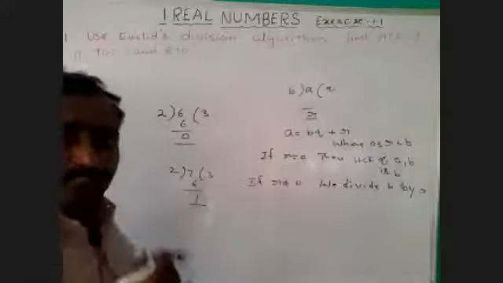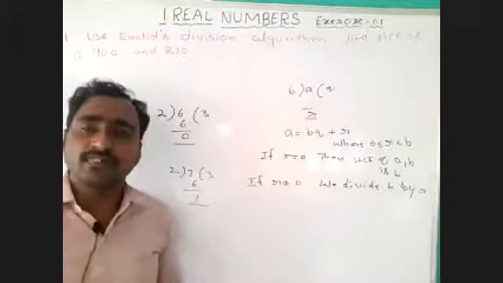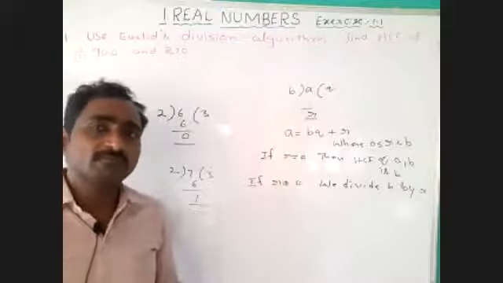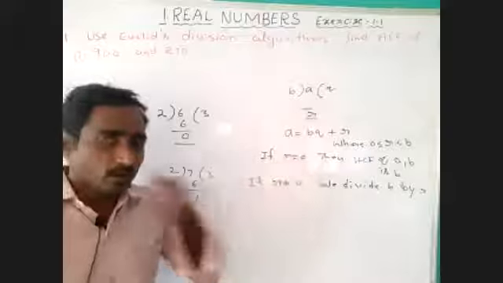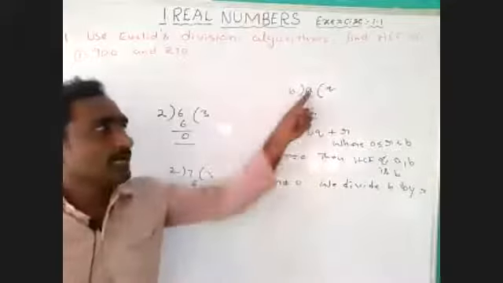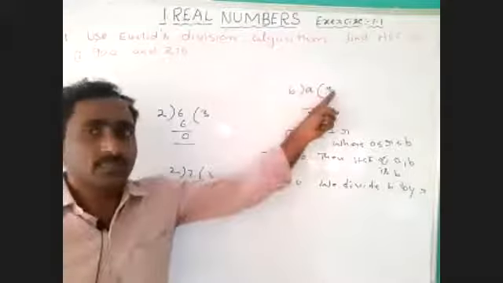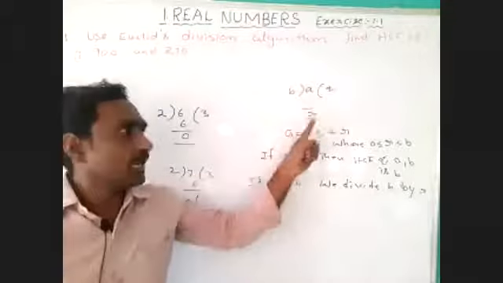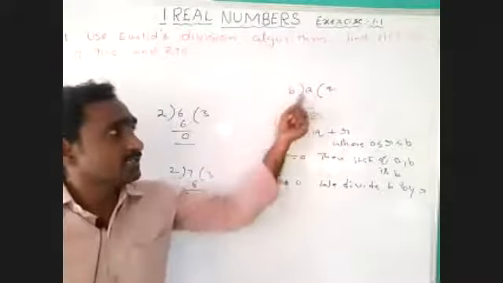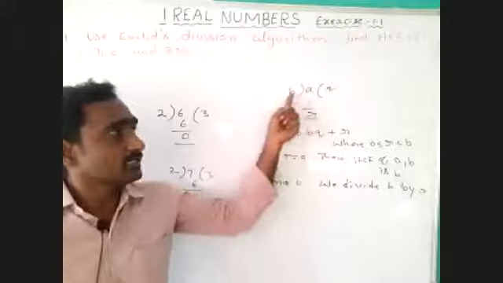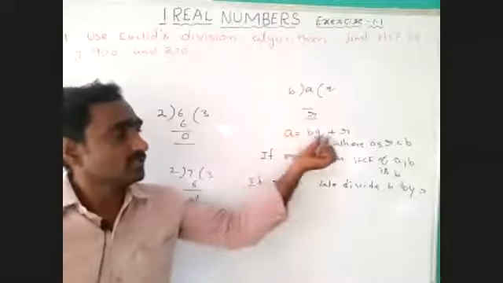By using the Euclid division lemma to find the HCF of given positive integers, what is the procedure? A is divided by B. There exist Q as the quotient and R as the remainder, such that dividend is equal to divisor into quotient plus remainder.